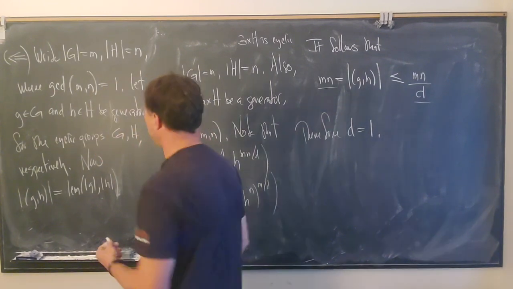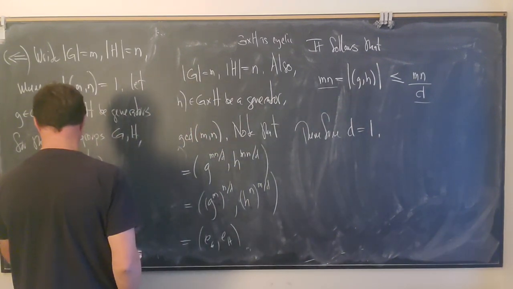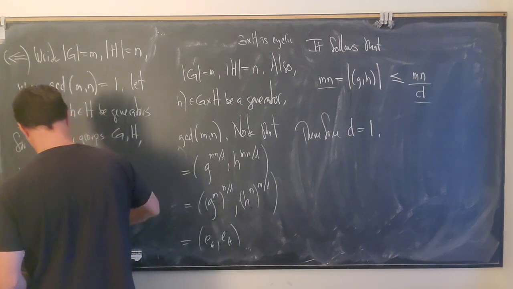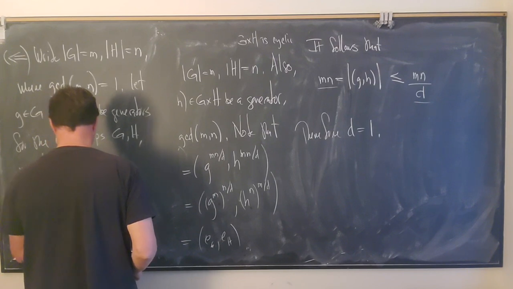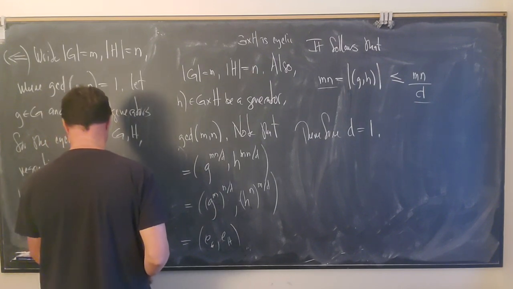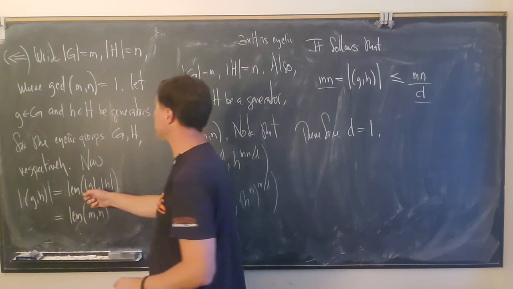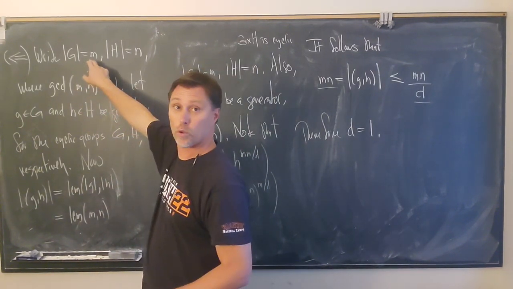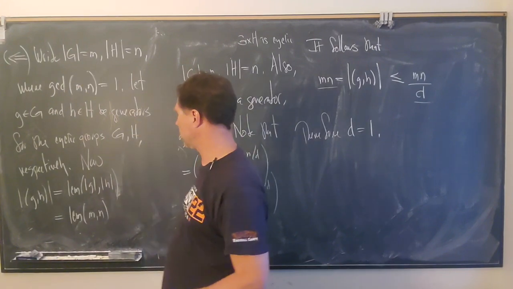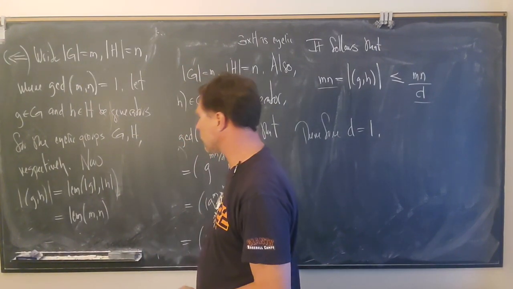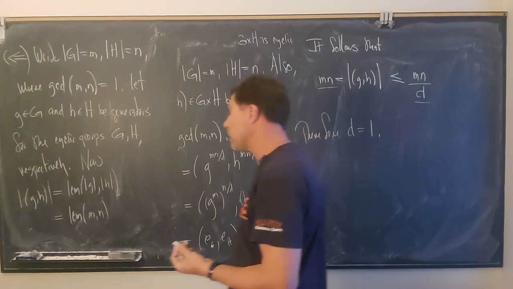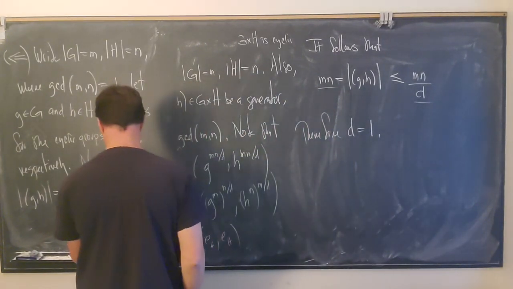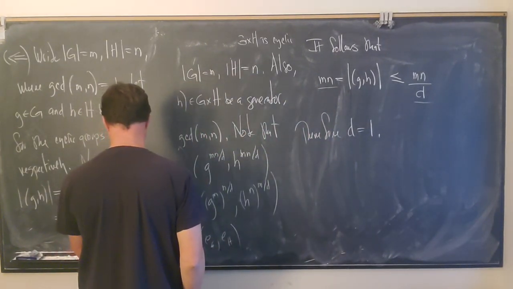Which in this case is the least common multiple of m and n, right? Because little g is a generator, which means little g has order equal to the order of capital G. Same thing with little h. Now, the least common multiple of two relatively prime numbers is computed by just multiplying them, and so this is equal to m times n.